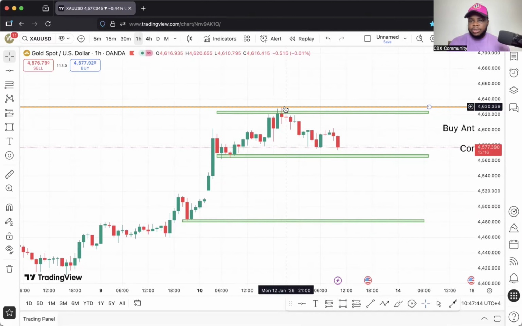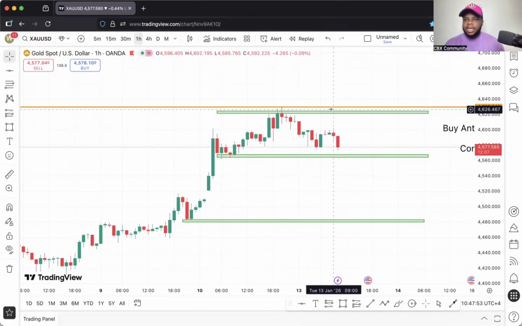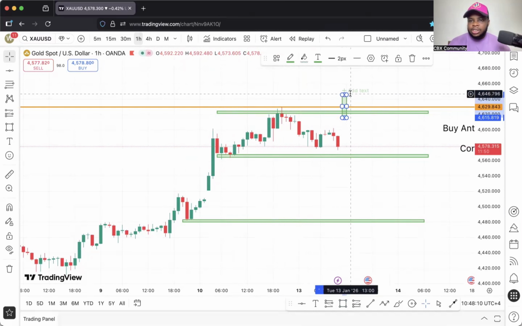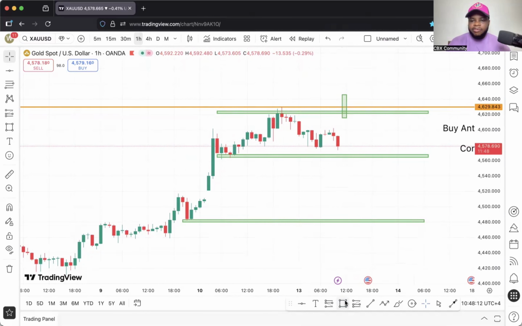This is the all-time high on gold, so we don't have any resistance zone above. We are anticipating the moment a bullish candle breaks this resistance zone for the price to keep going up. So this is the all-time high. If we are anticipating a bullish candle to break this resistance zone, that means we are anticipating it to break this all-time high and close with a bullish candle like this, to create a new all-time high for the next candle to continue to break the high of this bullish candle for it to continue to go up.